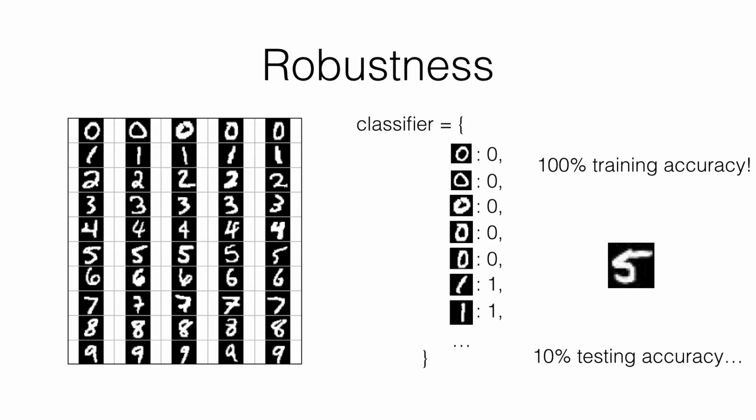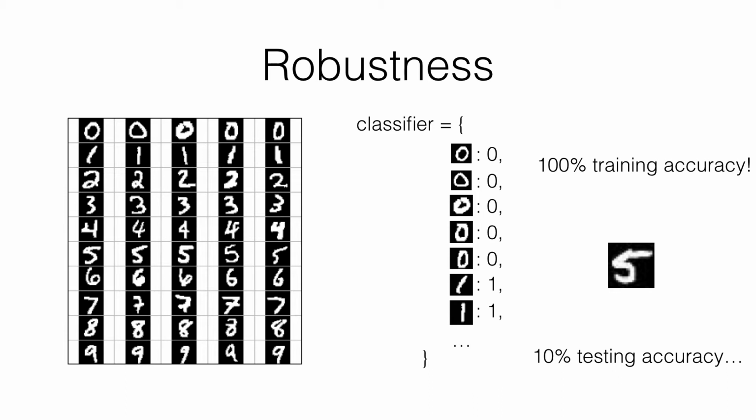That happens because when you guess randomly in a digit problem with 10 possible digits, 1 out of 10 times you're going to accidentally guess the right label. So this is the worst possible accuracy. We got this weird situation where we have perfect performance on our training data, but really bad performance in the future, in any testing application.